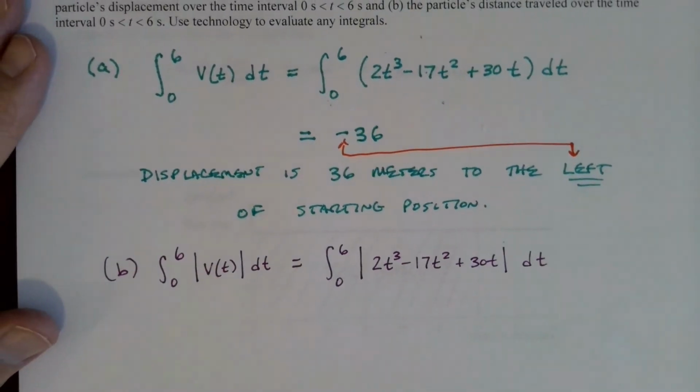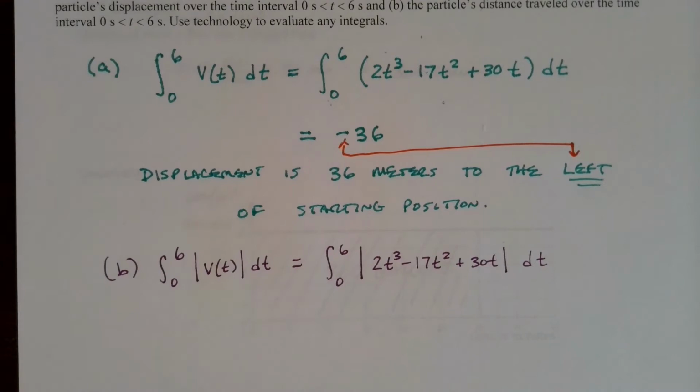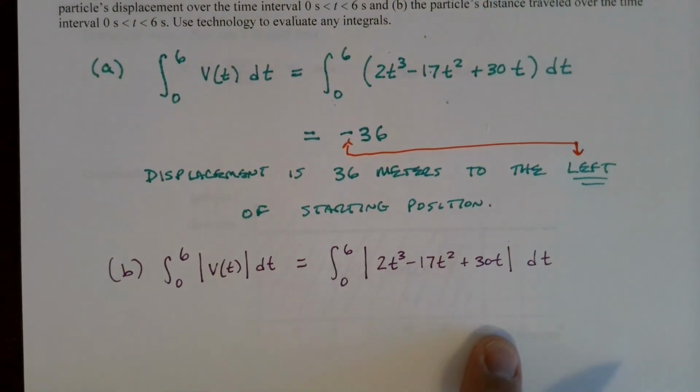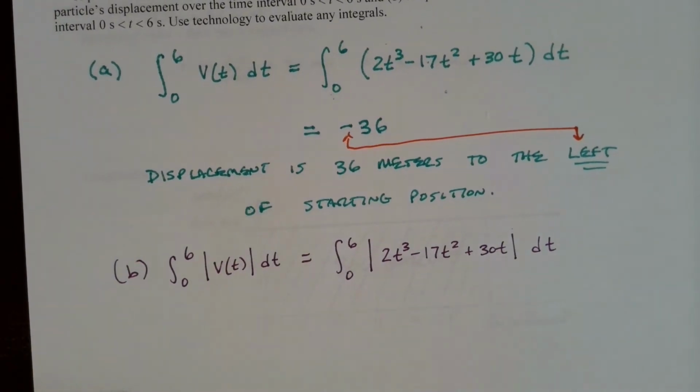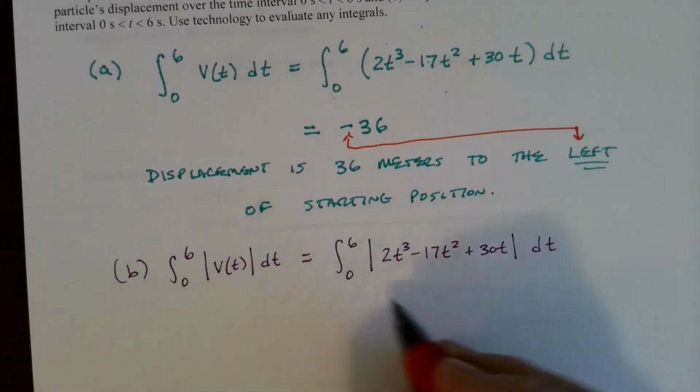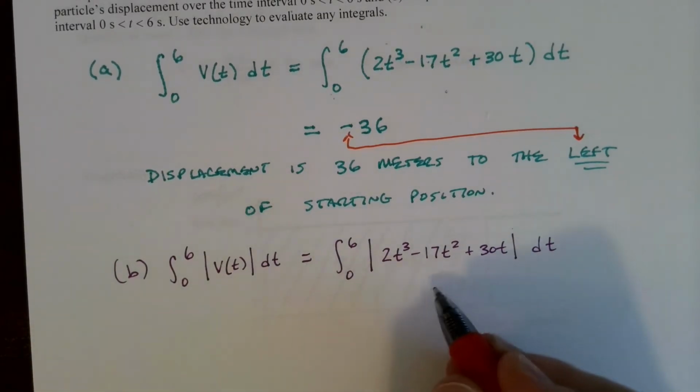Now, we can use the absolute value function on the calculator to do this. I want to practice, though, how would you actually set this up without absolute value?